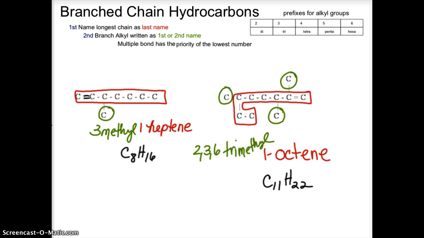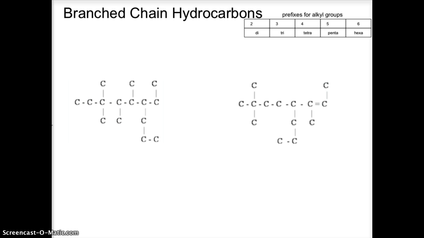All right, let's take a look at this structure right here. Looking at this structure on the right, we're going to want to figure out the longest chain, and it actually is right here. So that is the longest chain, and then I write the name nonane.